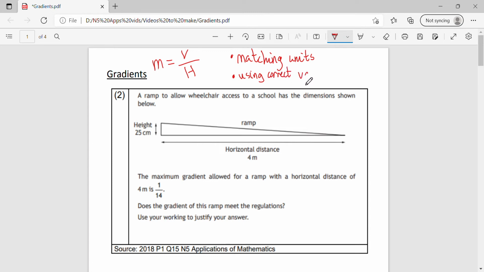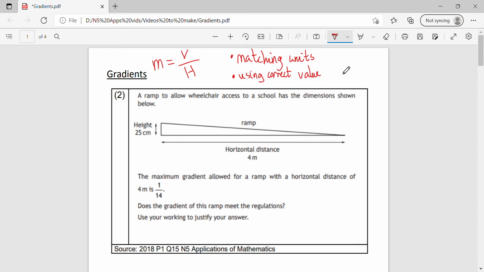It needs to be vertical, which is perpendicular to the base of the shape, okay, and obviously horizontal. If not, we may occasionally encounter Pythagoras for these questions where we've got to work out what the missing value is. But those are really the two key things that we need to remember.